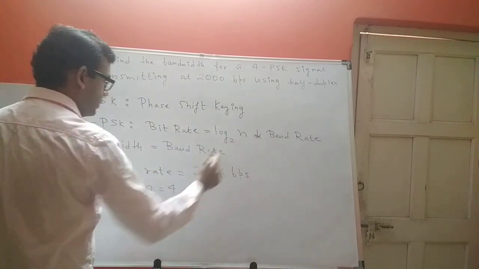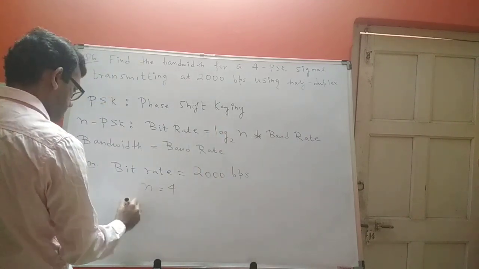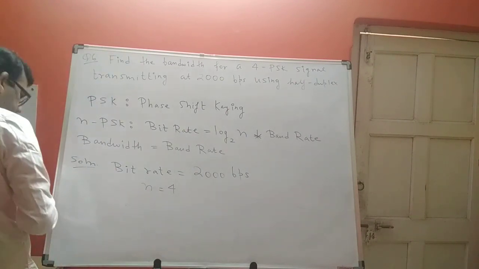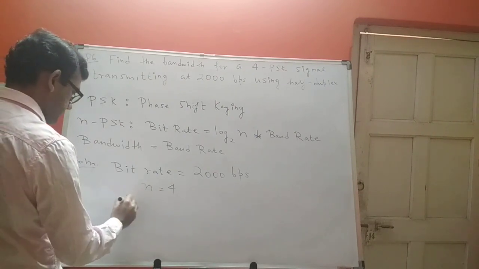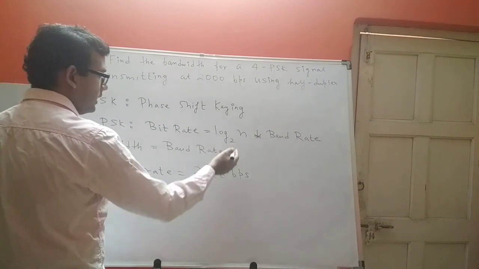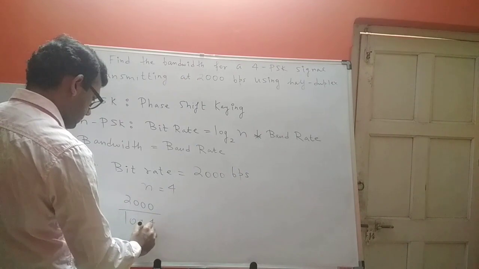So I'll apply this formula. Baud rate will be the bit rate, which is 2000, divided by log 4 base 2.